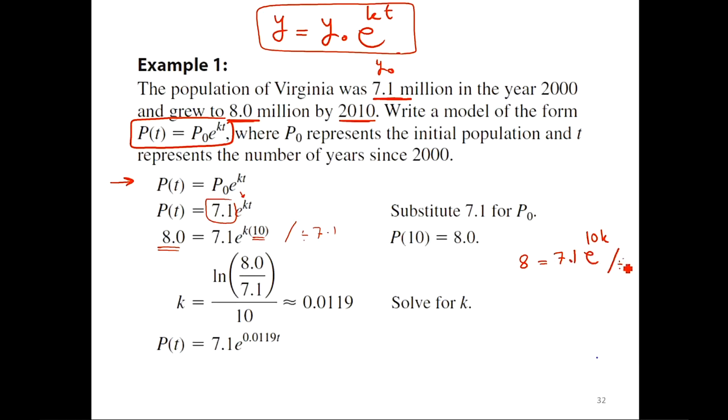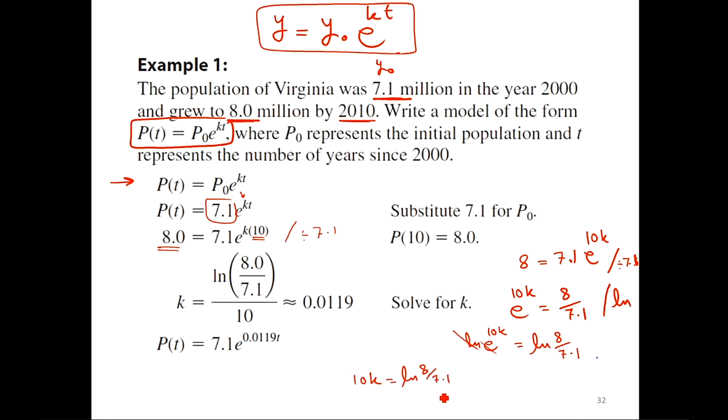Firstly divide by 7.1, so we have e to the power 10k equals 8 over 7.1. Take the ln for both sides: ln e to the power 10k equals ln of 8 over 7.1. Remove ln with e, so we have 10k equals ln of 8 over 7.1.